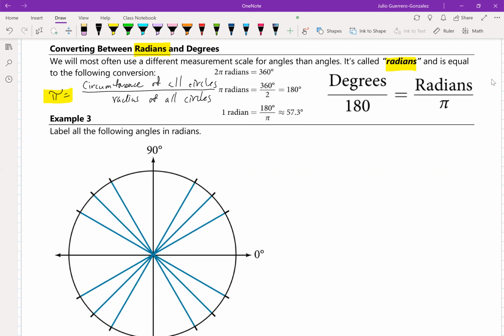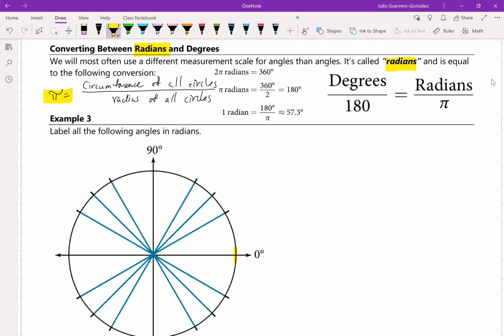Okay, and it's a ratio, like how many times can I put a radius of a circle around the circumference? And that's where we get our 6.28 for one complete revolution around, or 3.14 for half a revolution around.